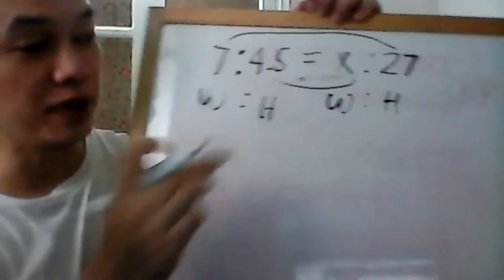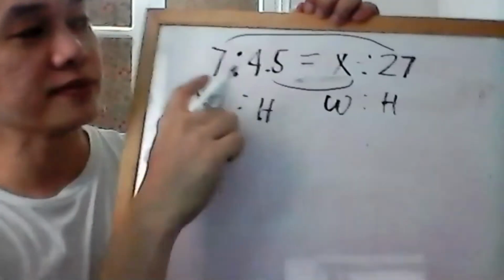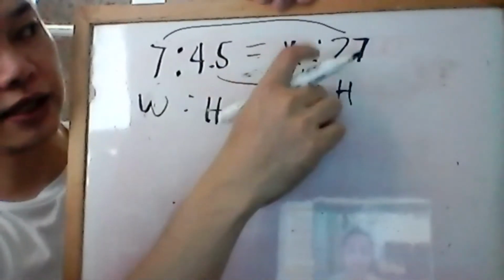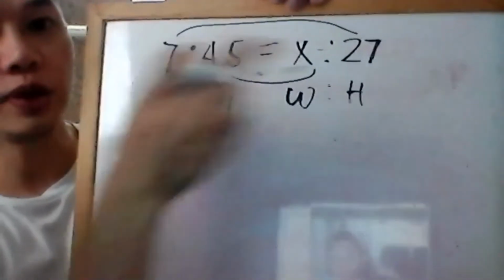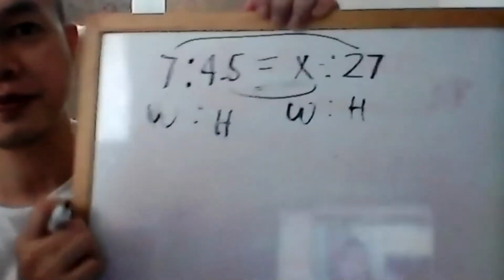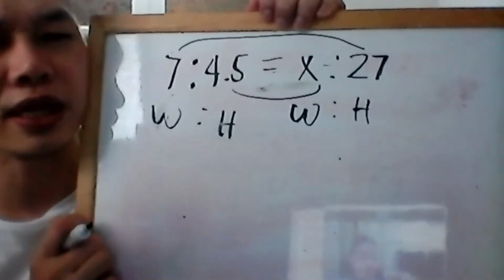So can you solve in your whiteboard? 7 is to 4.5 equals X is to 27. Multiply inside, and the outside also multiply. Just like what we did yesterday, I think. Or the other day.